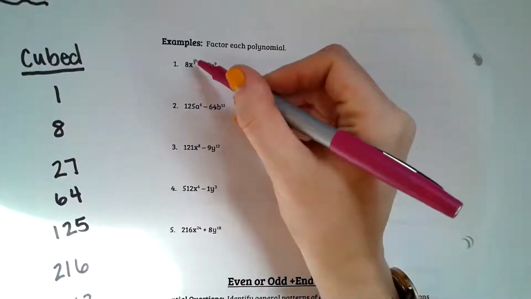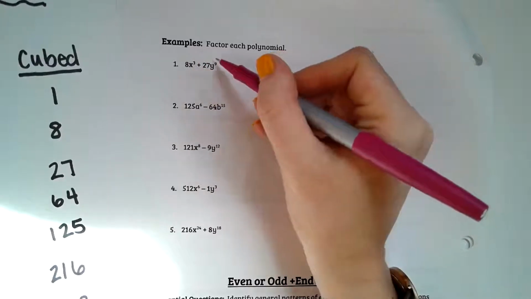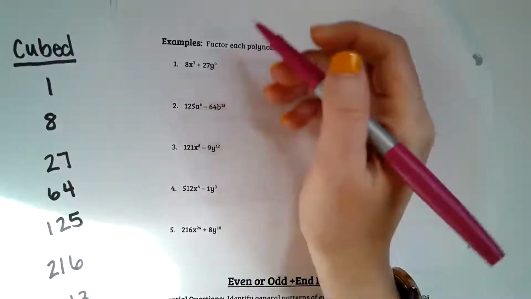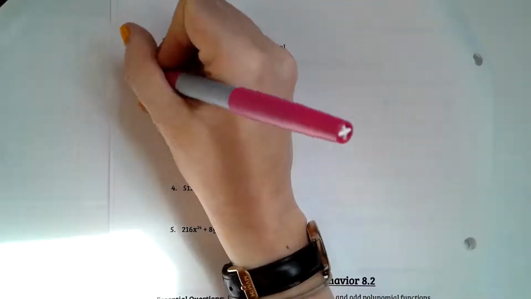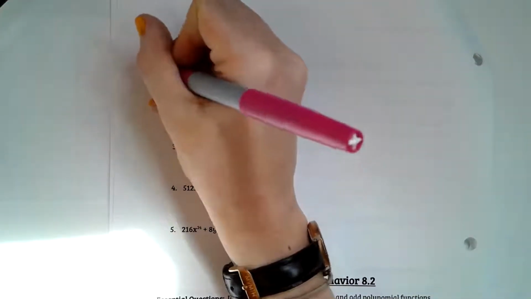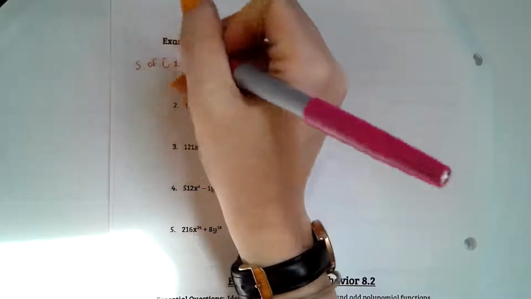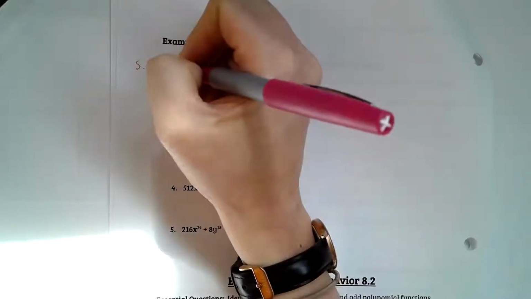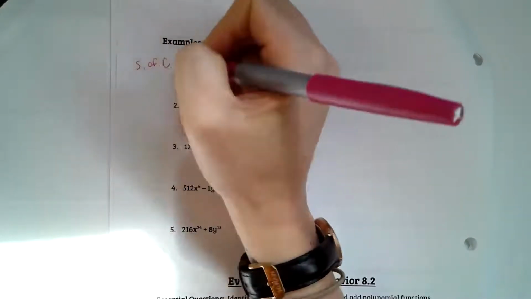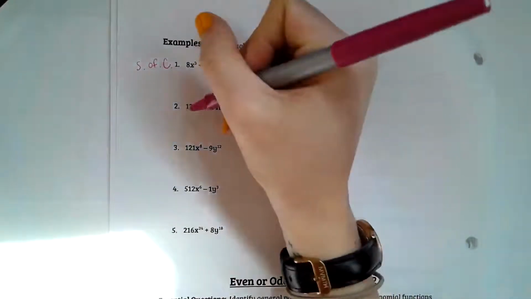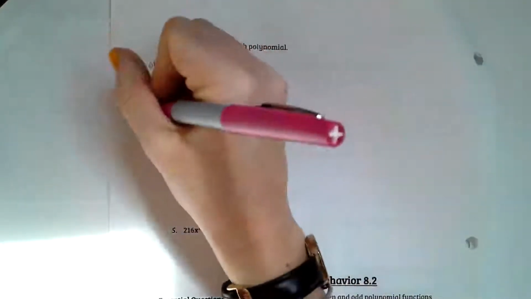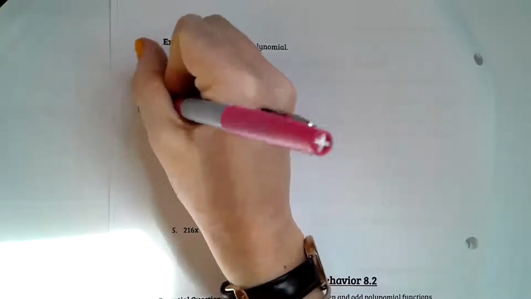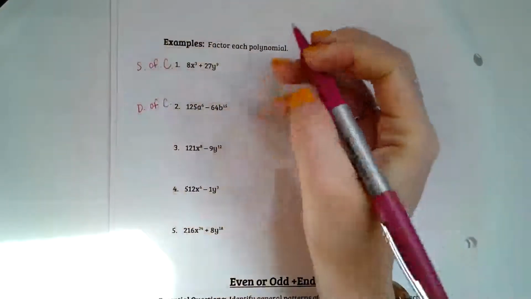And then 3 can go into 3 evenly, and 3 can go into 9 evenly. So because this is an addition sign, this is going to be sum of cubes. Okay, and 125 and 64. So this is going to be our difference of cubes.